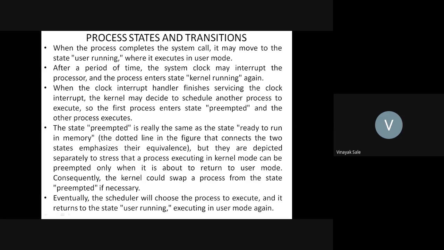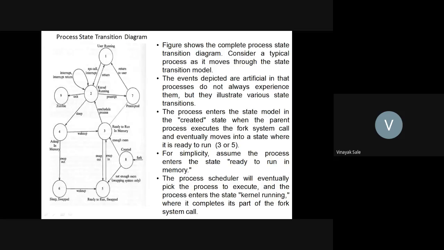When the clock interrupt handler finishes servicing the clock interrupt, the kernel may decide to schedule another process to execute. So the first process enters the preempted state and other processes execute. Preempted is really the same as ready to run in memory. The dotted line in the figure connects two equivalent states.